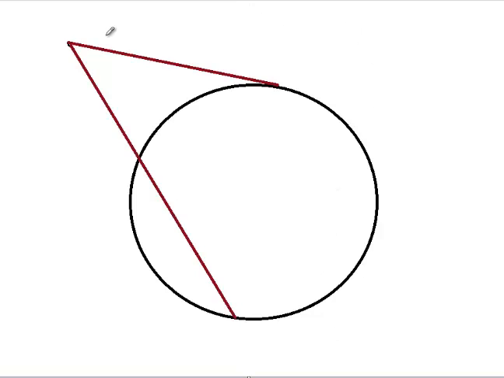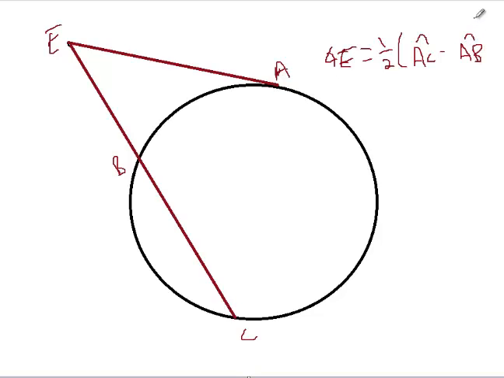Let's say this is E, and this is A, and this is B, and this is C. Angle E is equal to 1/2 of the difference between the big arc, arc AC, minus arc AB. In other words, just take the big arc, subtract the small arc, take 1/2 of the difference.